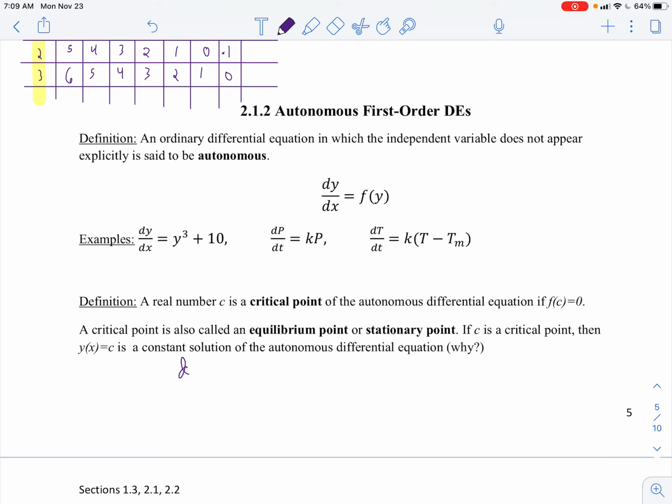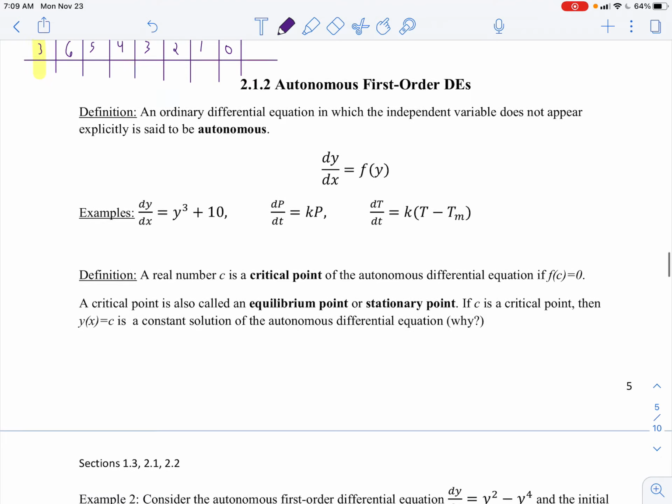As we go along our slope field, which is just a bunch of slopes based off of the differential equation, they're going to tend to some number. So if c is a critical point of our differential equation, then the solution is just going to be y of x equals c, the value of c which made our differential equation equal to 0.